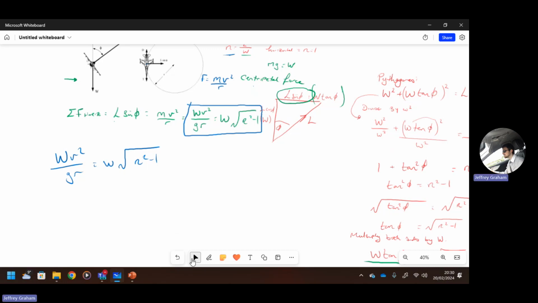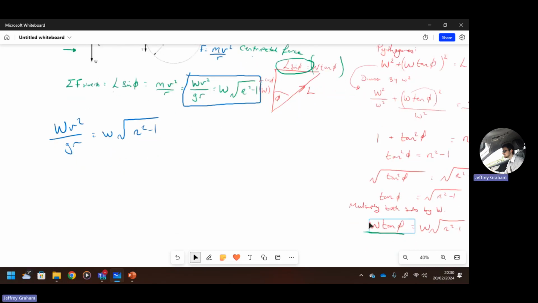As I say, this is all very weird because even though you just multiply it by the weight to get it back into that form, first thing I'm going to do is divide by the weight on both sides here. Dividing through by the weight leaves you with the velocity squared over gr equaling the n squared minus 1, load factor minus 1.